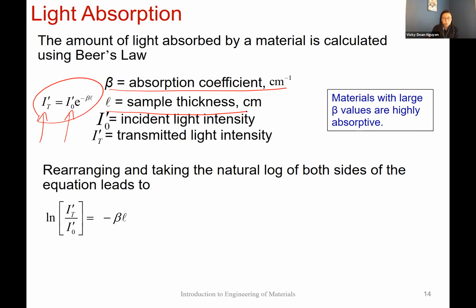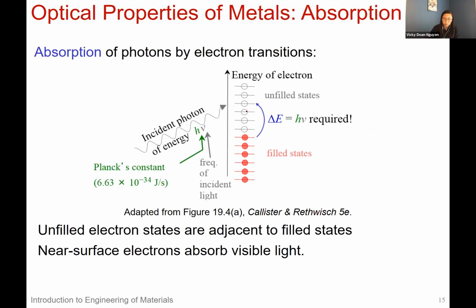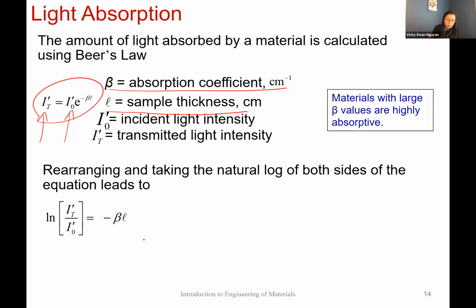And so when we rearrange and take the natural log of both sides of Beer's law, we can solve for either the thickness of the material, L, or beta, the absorption coefficient, right? When we talk about light intensity, we can talk about the power, so the amount of light that comes back will just be a ratio.